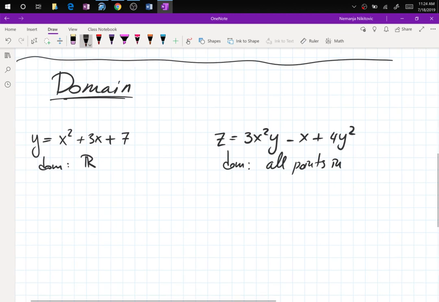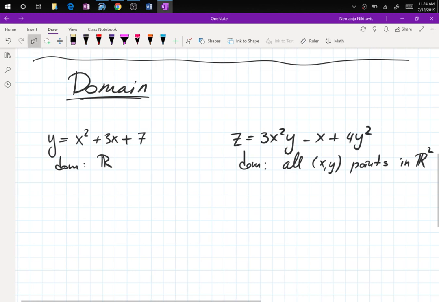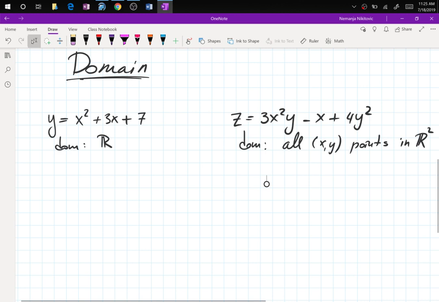So let's write it this way: all xy points in R2. So that's my comparison between the two worlds, the world of R2 on the left and the world R3 on the right.